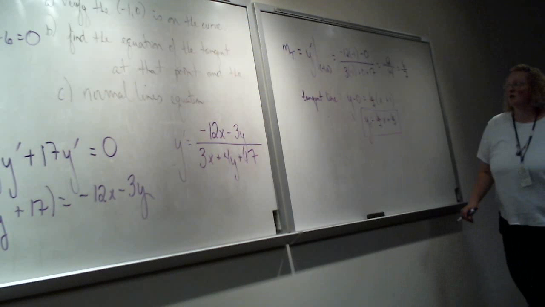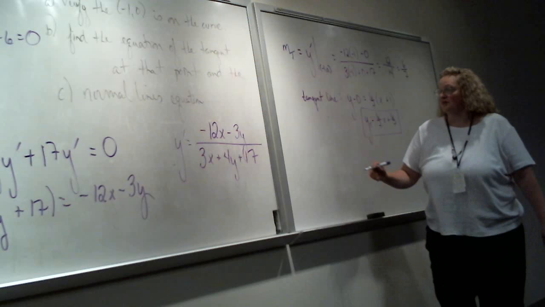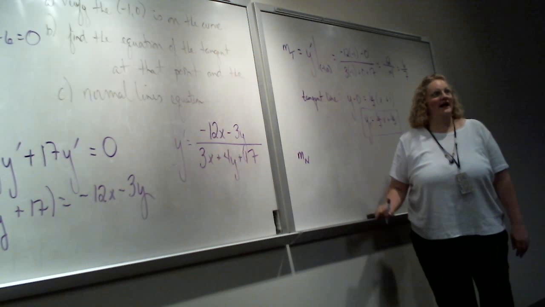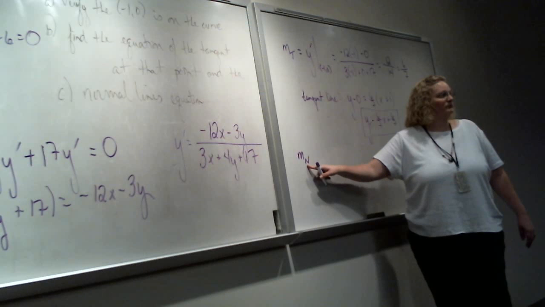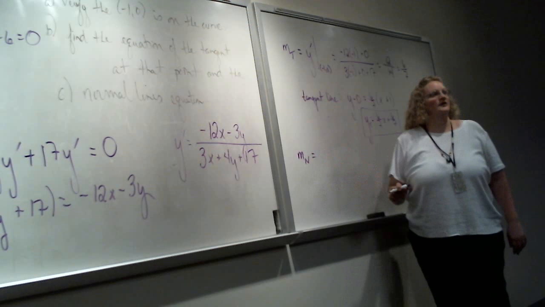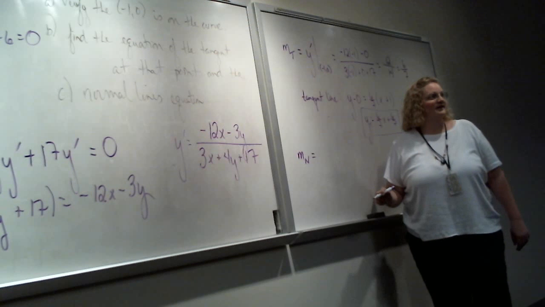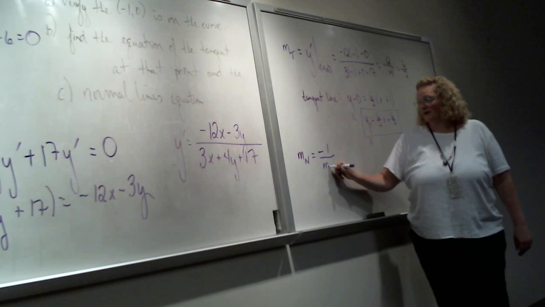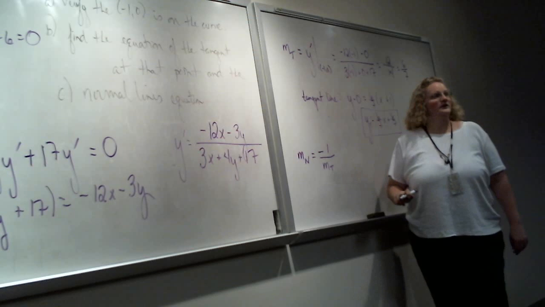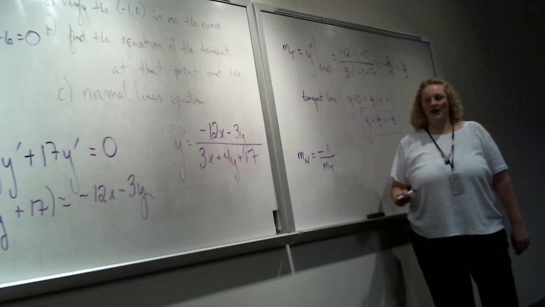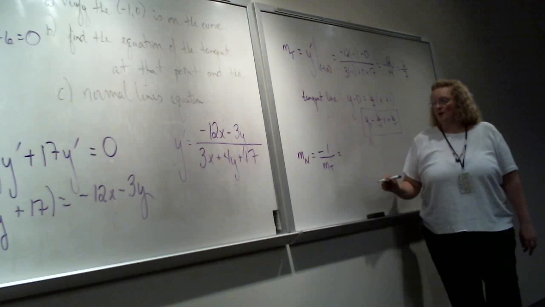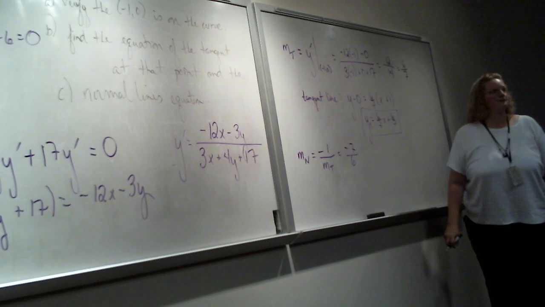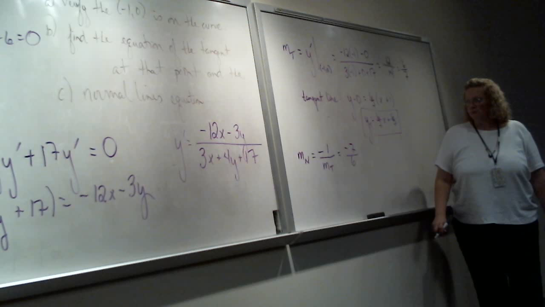Okay, now what about the normal line? In order to get the normal line, I need the normal slope. And for normal, we use capital N. How do you find the normal slope? Yeah, it's the negative reciprocal of your tangent, right? So this ends up being negative 7/6. Okay?